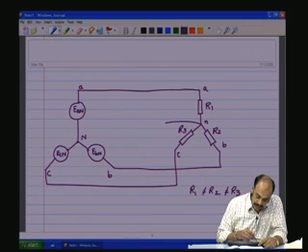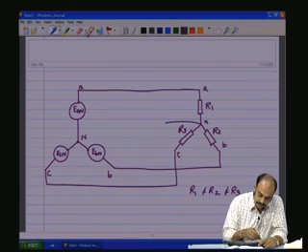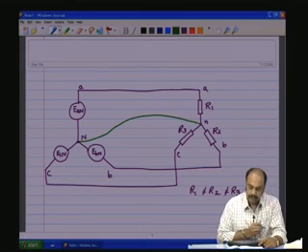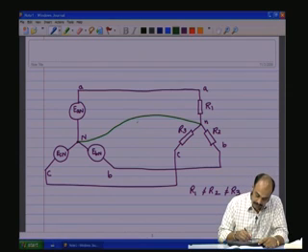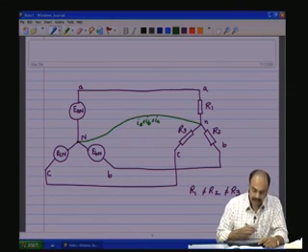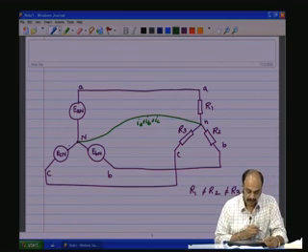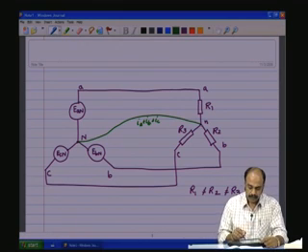So, if we make a connection between the neutral of the source and the neutral of the load, then IA plus IB plus IC instantaneous values will flow through this, and that will have an RMS effective value, and this value will not be equal to 0.